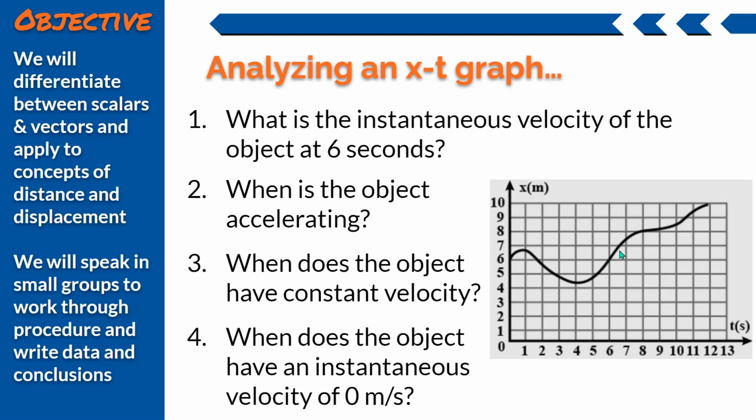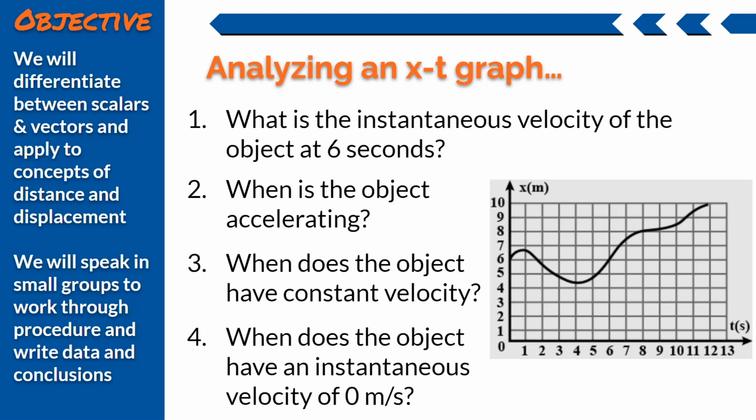So pick any 2 points along at least the straightest part that you can see. Maybe you're going to pick this point here, which maybe I'll call 5.2 and 5. So that can be my point 1, (5.2, 5). And then maybe I'd pick the actual point at (6, 6).